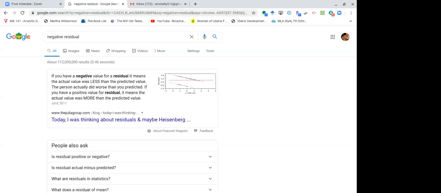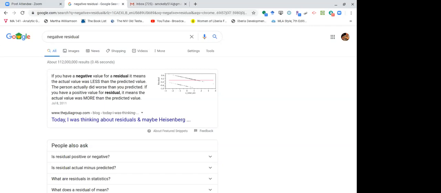There's more. So one more time, okay? Because it's two ways of saying the same thing, basically. So if you have a negative value for a residual, then your actual data value, the one that came from your data, was smaller than what came from your regression equation.